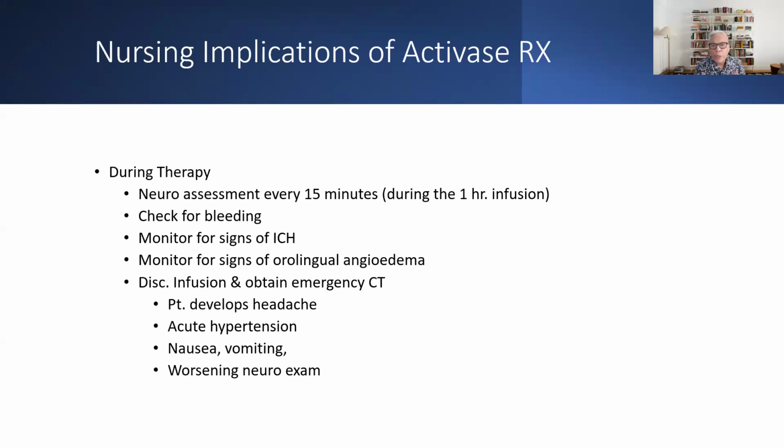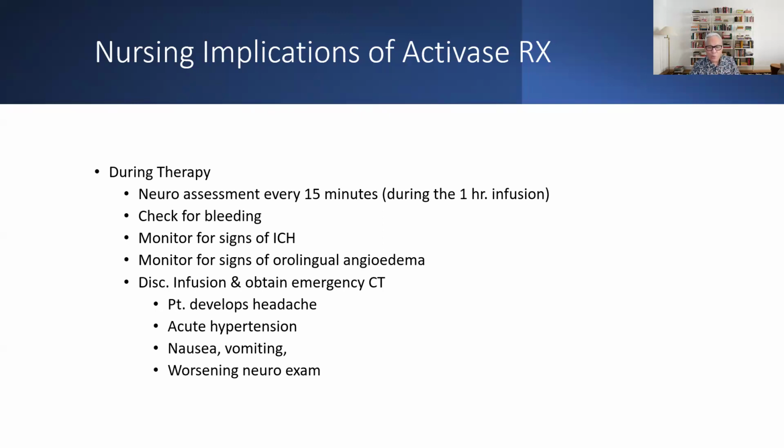All right, so during the administration of the drug, there are important things that we need to do. And these include your neuro assessment. Again, you need to do a neuro assessment because there might be a danger of having a bleed in the brain itself as a result of your thrombolytic agent.